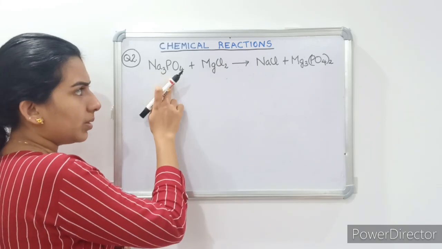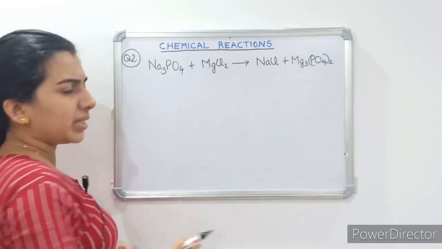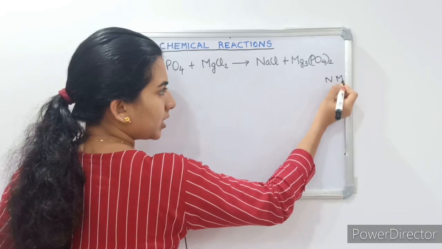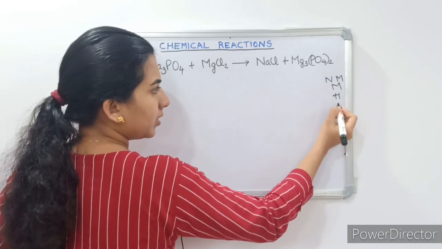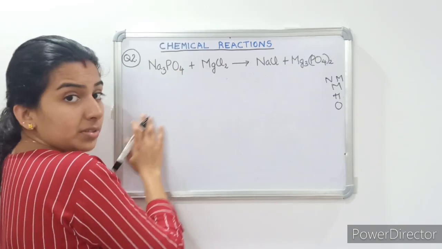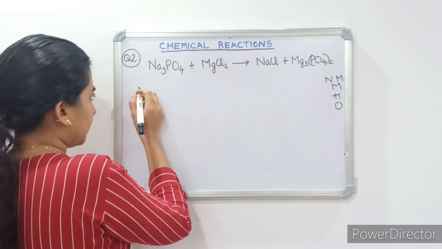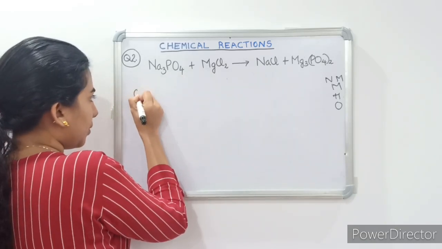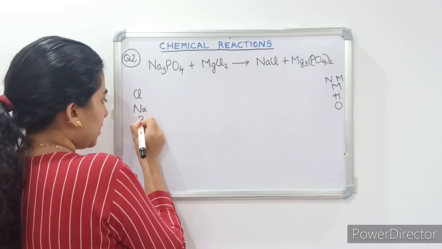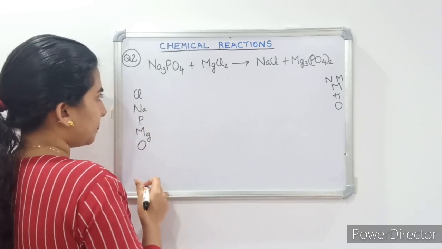Here this is sodium phosphate, this is magnesium chloride, this is sodium chloride, and this is magnesium phosphate. So, I have told you the sequence, that is non-metals, metals, hydrogen and oxygen. Now, first step was writing down all the elements present in the chemical equation on both reactant and product sides. So, first chlorine, then sodium, phosphorus, magnesium and then oxygen.